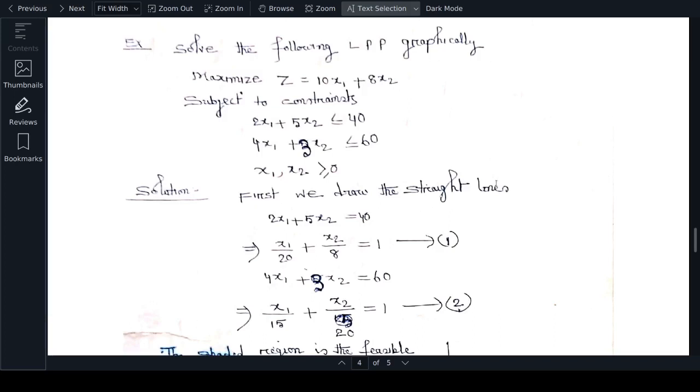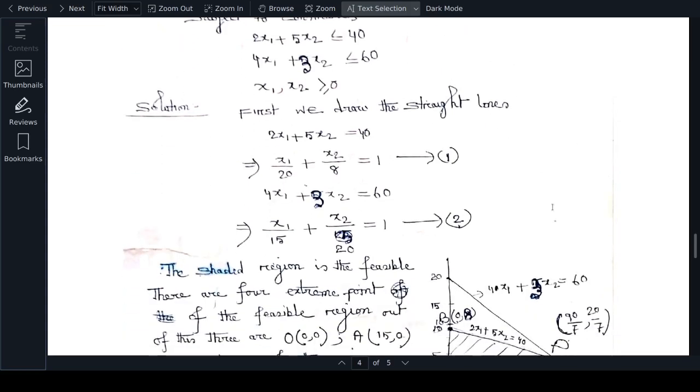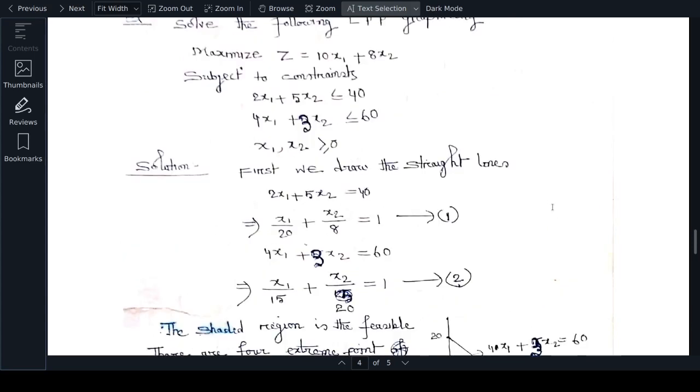So what is the procedure for solving by the graphical method? First you write this inequality as an equality. 2x1 plus 5x2 less than or equal to 40 becomes 2x1 plus 5x2 equal to 40.